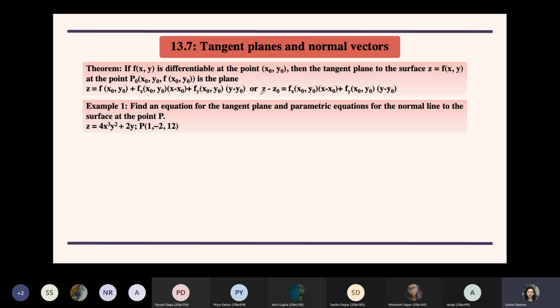So you can also write this as z minus z naught is equal to f_x(x naught, y naught) times (x minus x naught), plus f_y(x naught, y naught) times (y minus y naught). This is just a particular case of the previous article, where your surface was given by capital F(x,y,z) equals c.